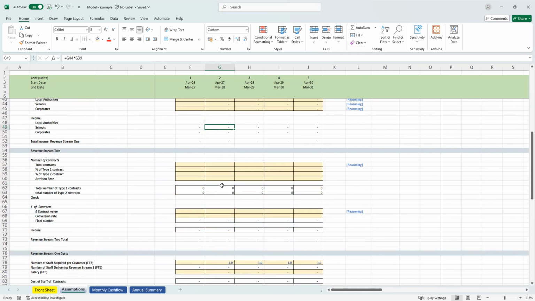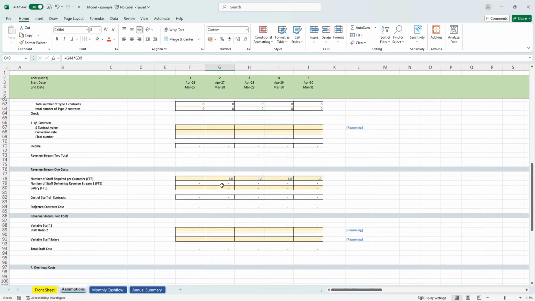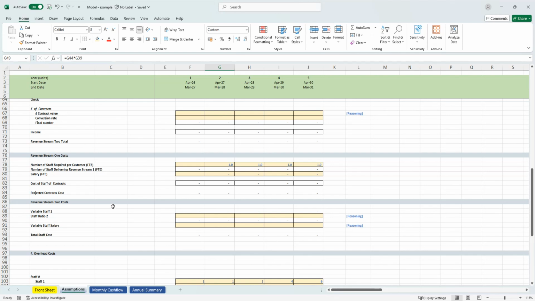Now, I'll skip past revenue stream 2 into the cost of sales. So cost of sales are the costs that are directly related to generating that revenue. And so that's why there's two different areas where you can put in how you think about costs for revenue stream 1 versus revenue stream 2.